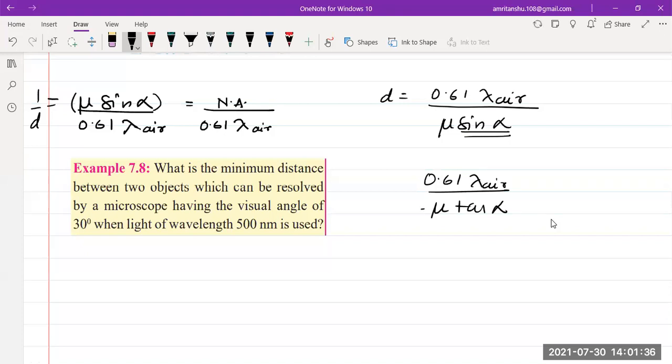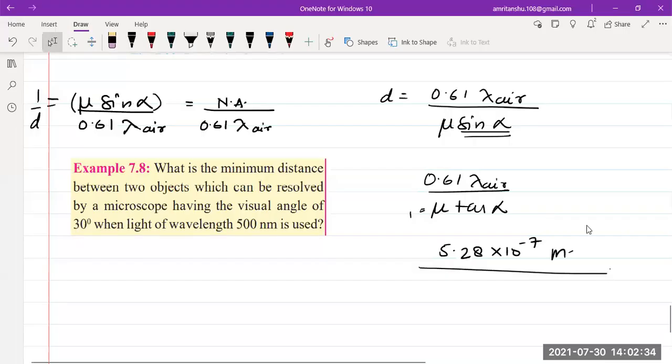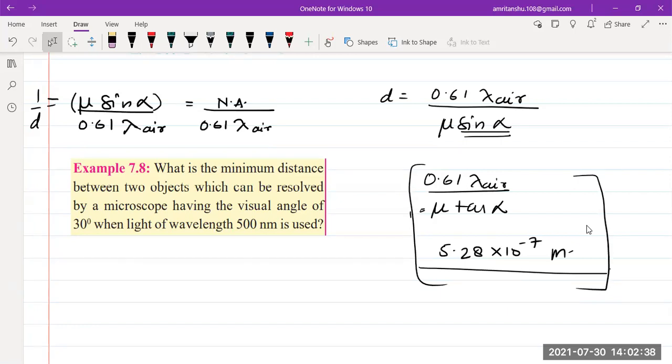Here mu happens to be 1, and with tan alpha, with alpha as 30, you get 5.87 into 10 raised to, okay, you get the answer as this, which will be slightly more than with your sin alpha.